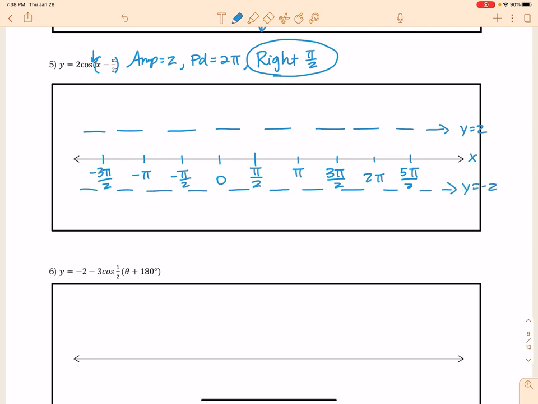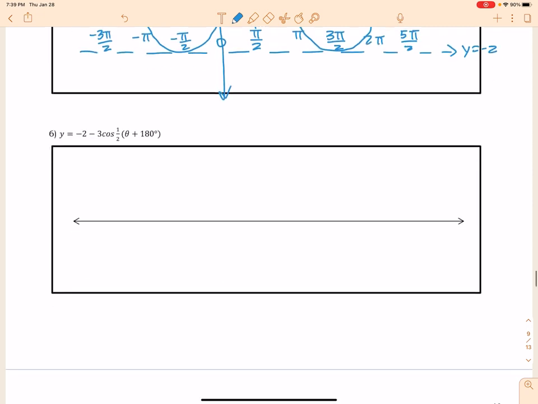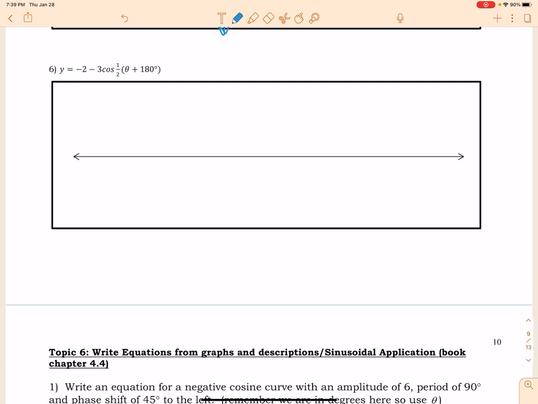And then, of course, my graph is going to begin right up here at the top of pi over 2. So it is going to look just like that. And there's our 2 cycles. Do not forget to put your y-axis in at the 0. Awesome.